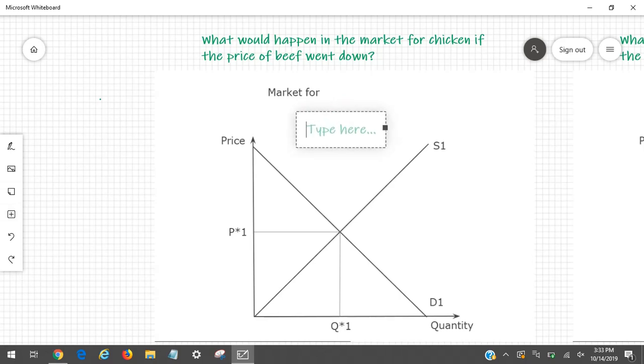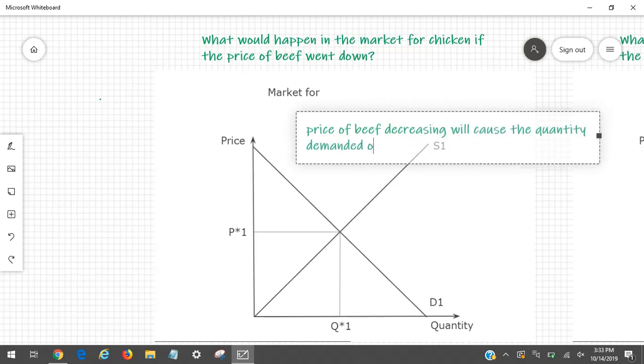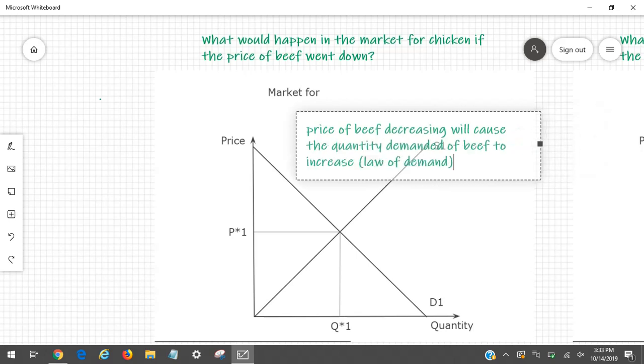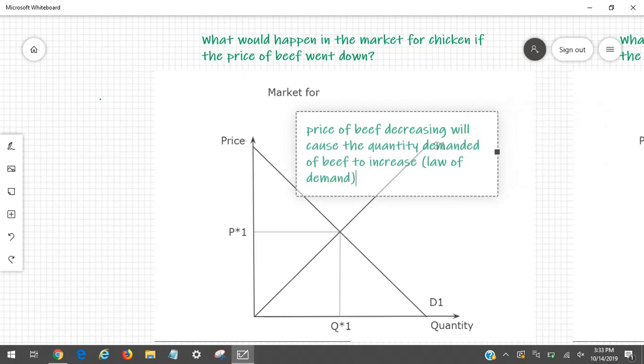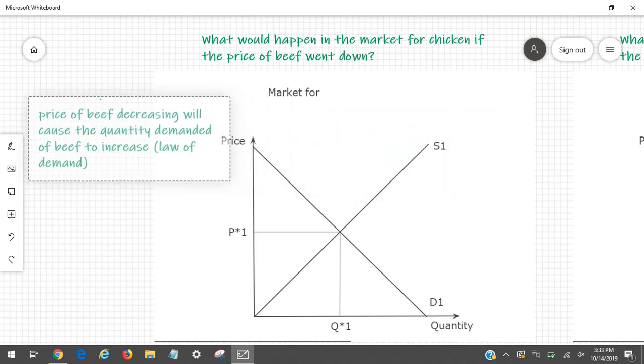We've got the price of beef decreasing will cause the quantity demanded of beef to increase. And that's just something we know from the law of demand. We know that whenever the price of a good decreases, the quantity demanded of that good increases.